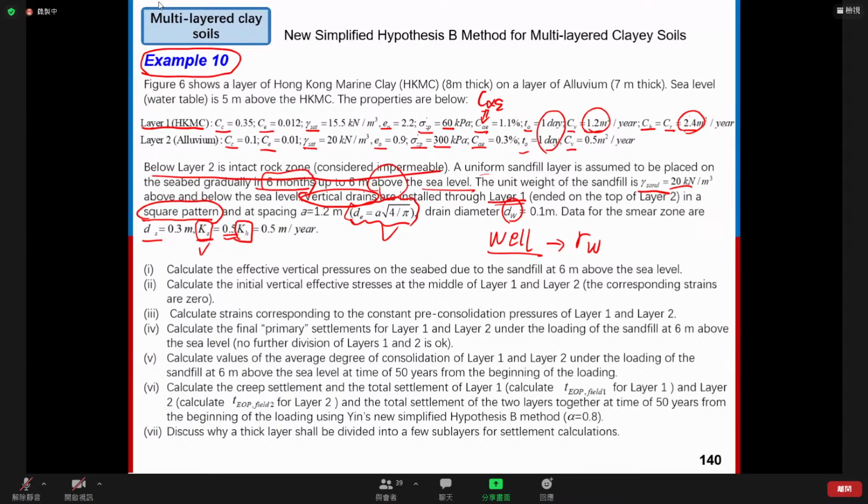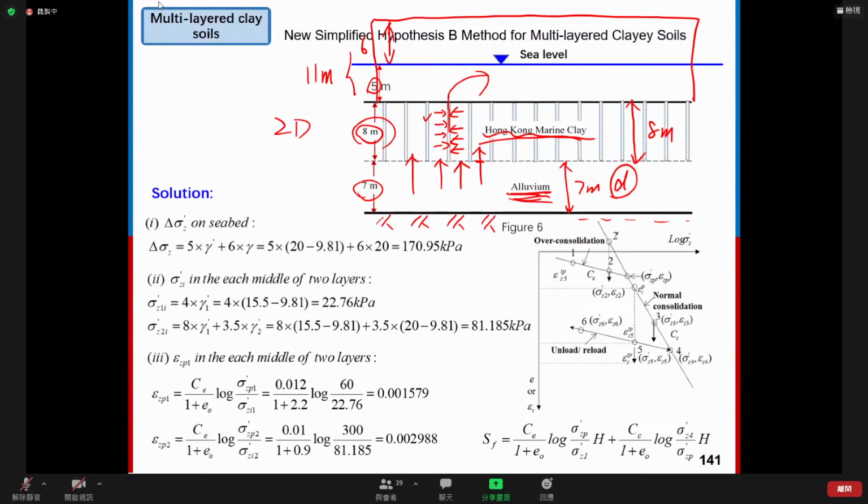So the first sub-question is to calculate the effective vertical pressure on the seabed due to the sand fill at 6 meters above the sea level. The effective vertical stress due to the external loading, the surcharge.